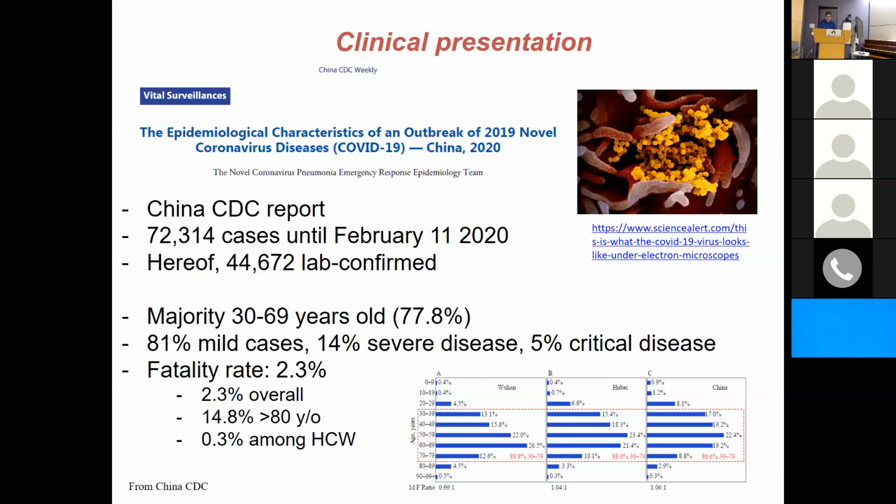The majority were in the age range of 30 to 69, so everyone who's listening today here. 81% mild cases, 14% were severe disease, so this is the patient population that clearly will need hospital admission, and 5% had critical disease and needed ICU admission. Fatality rate here 2.3%. Among the population who was older than 80, it was 14.8%. Among healthcare workers, 0.3%.